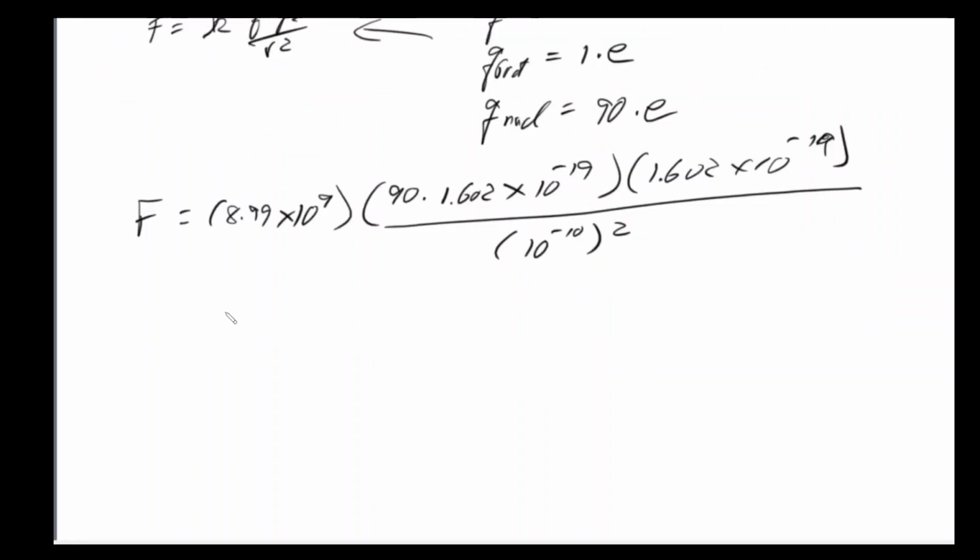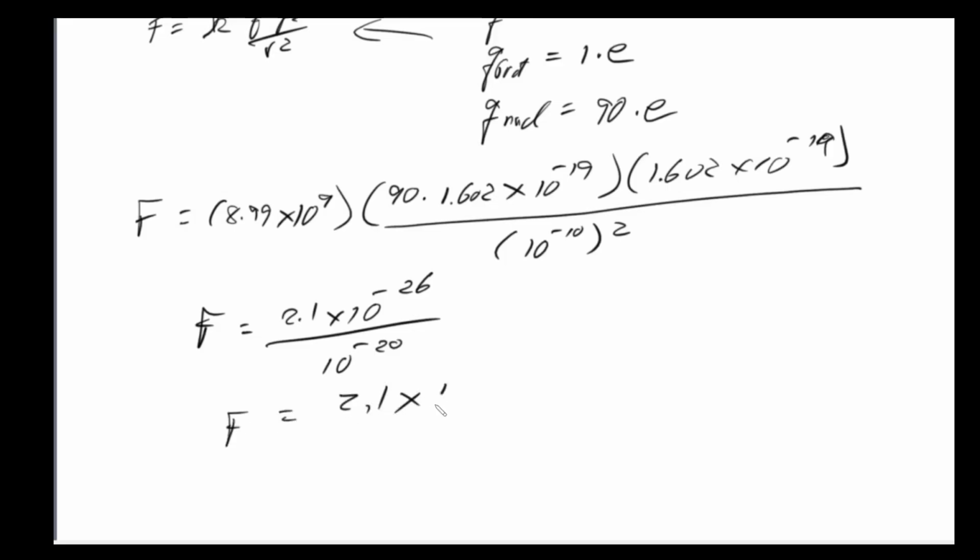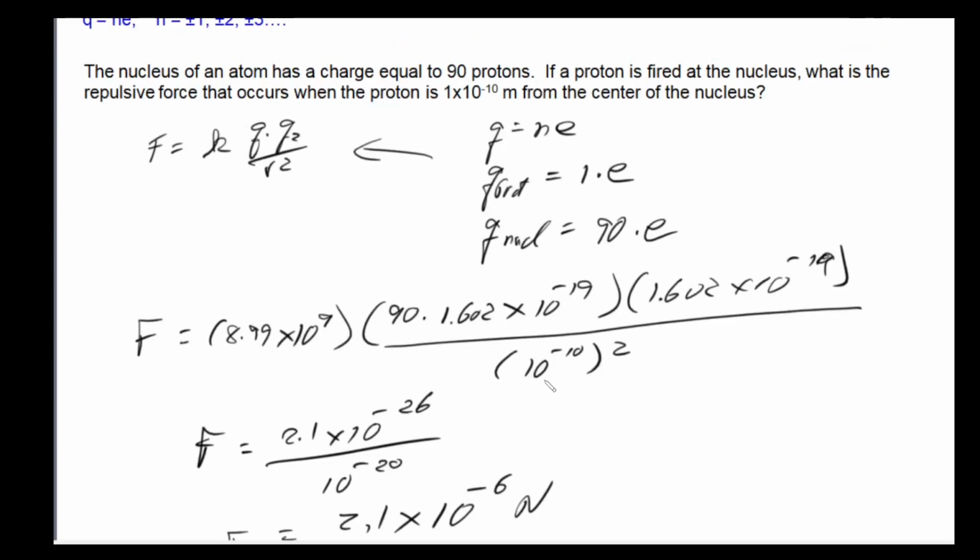And if you go through this math, we get force is equal to 2.1 times 10 to the minus 26 over 10 to the minus 20, or the force is equal to 2.1 times 10 to the minus 6 newtons. And I put this problem in to show that when you use the equation in Coulomb's law, you have to convert the charge into coulombs. And you do that using this formula.